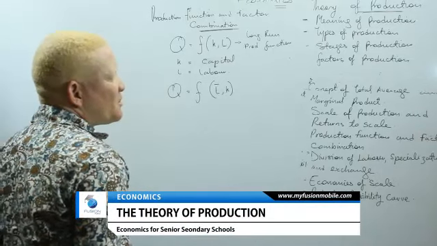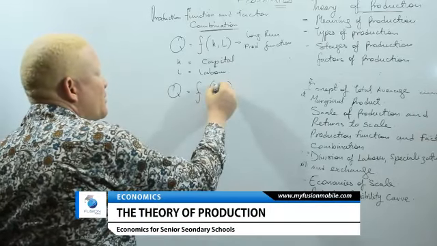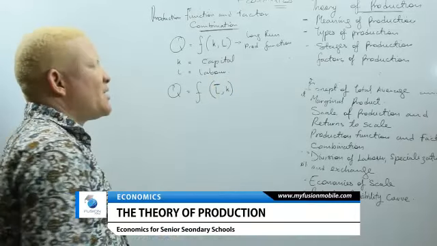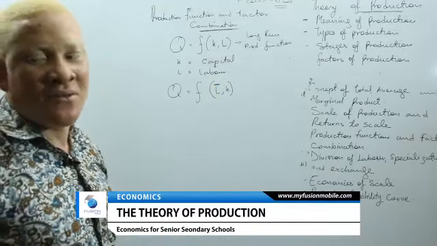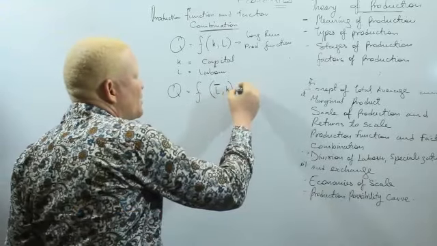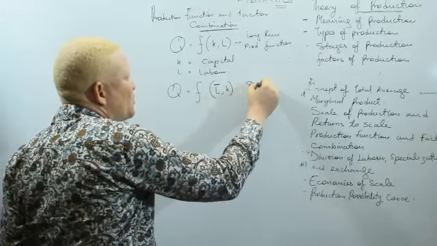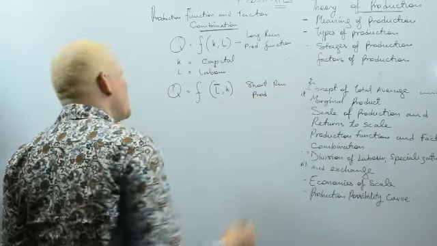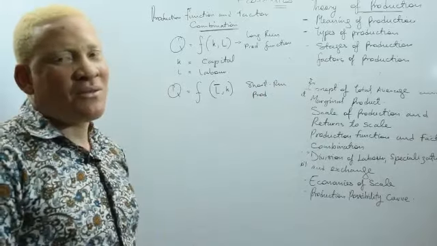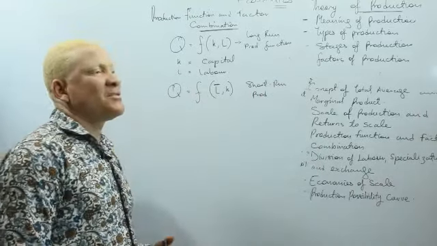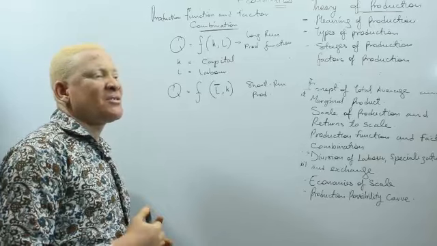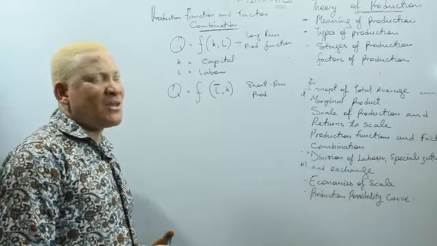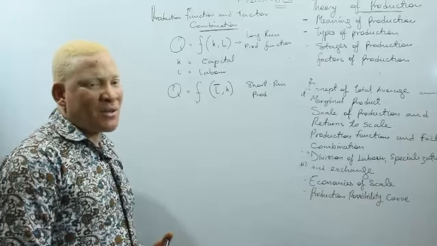Labor could be fixed, capital could be variable. Whatever we see this bar on, it means that factor is fixed. And we remember we said that in the short run there is at least one fixed factor. In this case, that means that this is a short run production function. But whichever case we are considering, a production function just specifies the volume of output in relation to the input given, or in relation to the scale of production.